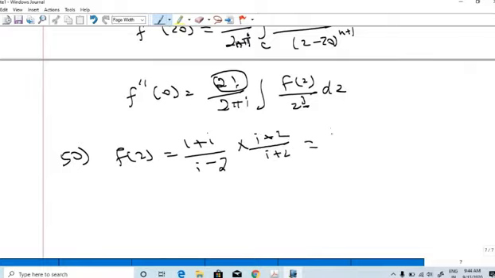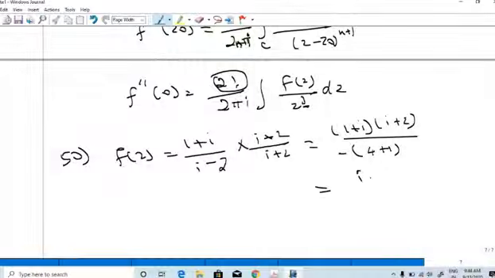Therefore, this is 1 plus i into i plus 2 over, taking minus out from the first term, a plus ib into a minus ib, therefore a square plus b square. In the numerator we get 1 into 2 plus i into i, which is minus 1, plus 2i, divided by minus 5. Therefore we get the numerator 3i minus 1 by minus 5.